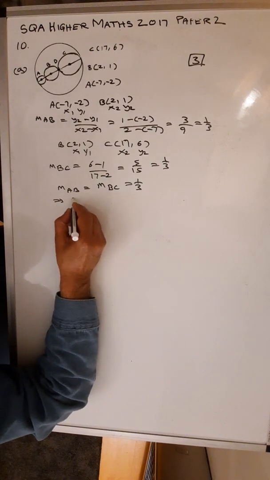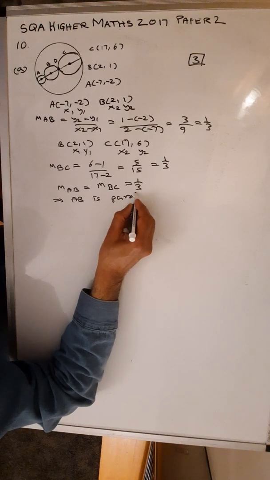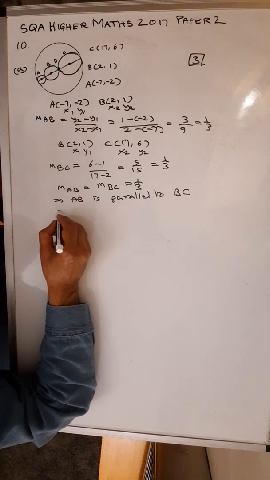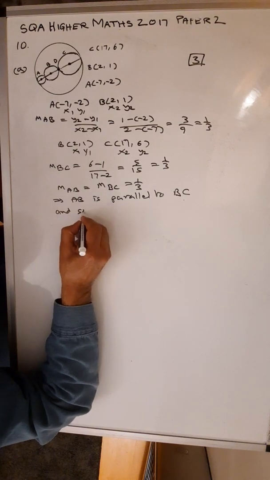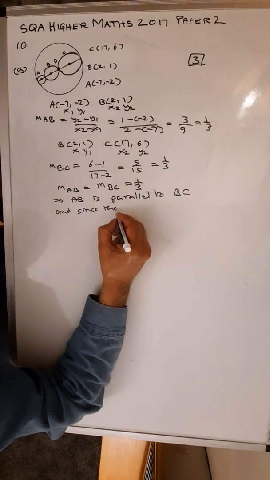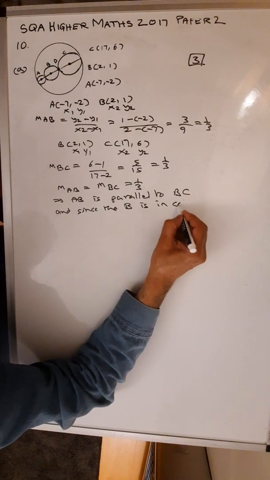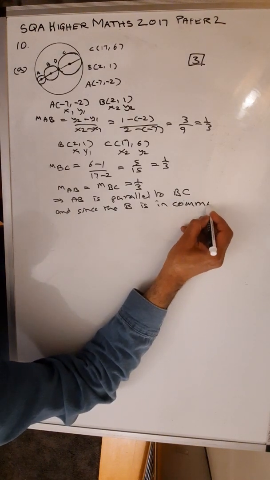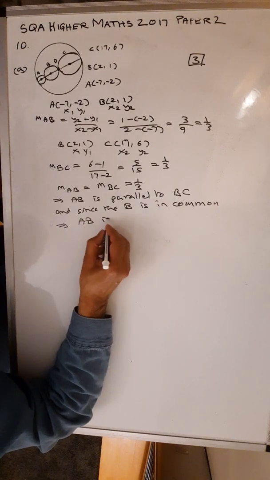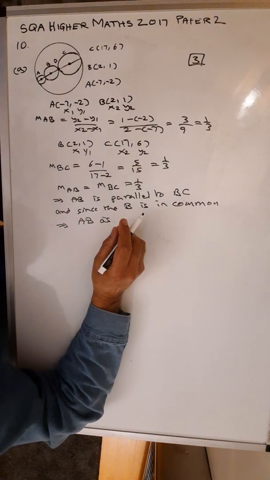that AB is parallel to BC, and since the point B is in common, that means that AB and BC are collinear.